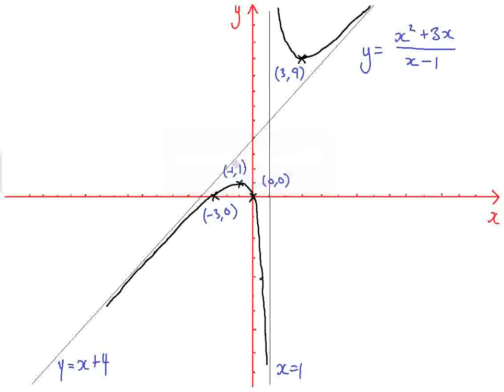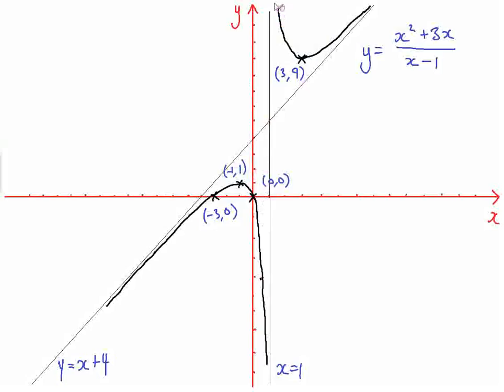So this is the original graph that we had. What are we going to do? Well, everything that is in the positive x part of the graph we are going to keep, and everything that is not we are going to do away with. So let's look at the positive x part first. I'm going to change color to green again.